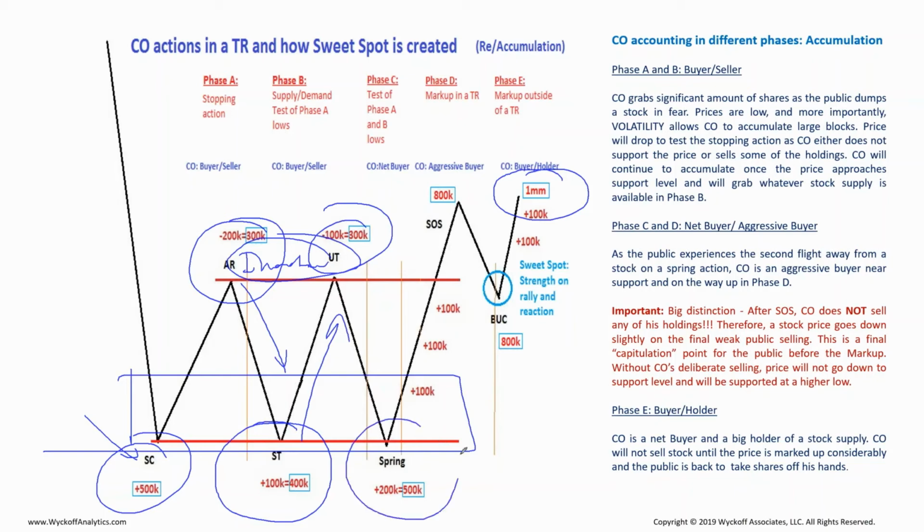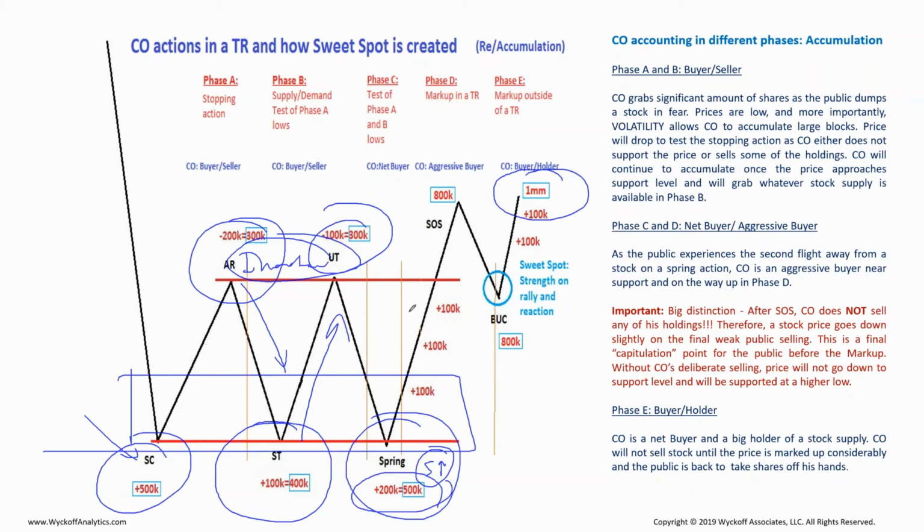The next support level, phase C, into the spring, this is where locally supply is going to increase. So CO is going to step up and buy the last number of shares from weak hands, and that would diminish supply even more. And that would suggest the timing.